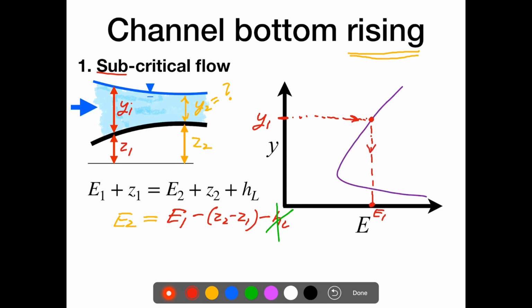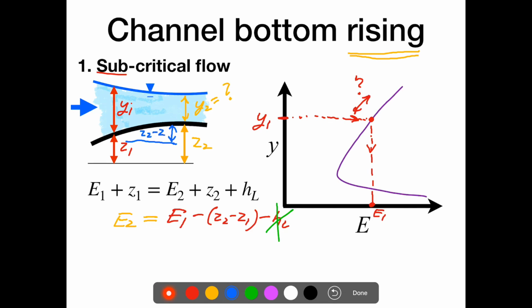We can calculate that too the same way that I showed you before. Now we need to figure out, are we going to go left or right along this curve up here? So the question is left or right. And the way that it works out is that if you have a positive Z2 minus Z1, so notice that this elevation change here, this distance here, is Z2 minus Z1, okay?